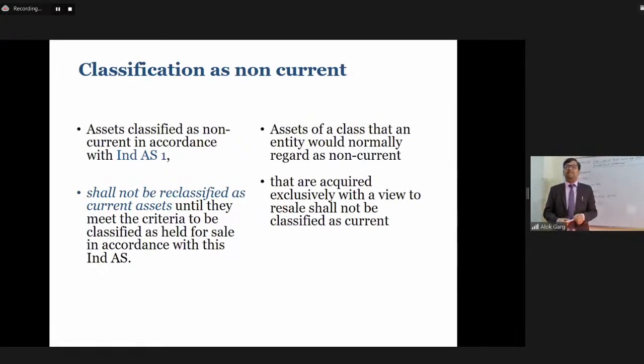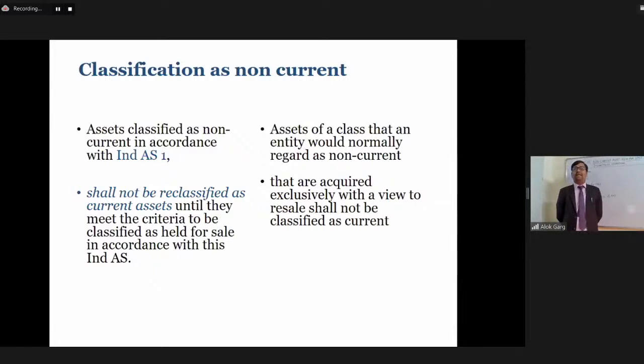Assets of a class that an entity would normally regard as non-current that are acquired exclusively with a view to resell shall not be classified as current. For example, property, plant and equipment, intangible assets, investment property are normally regarded as non-current.